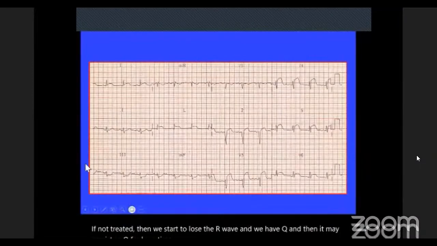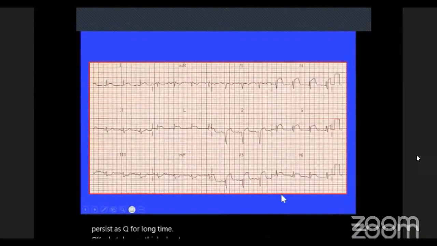Okay, what do you think about this ECG? Does any volunteer? Okay, so this is around 80 beats per minute.